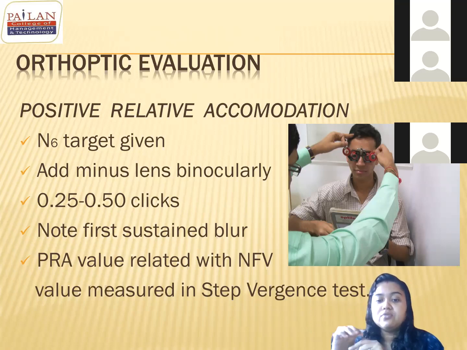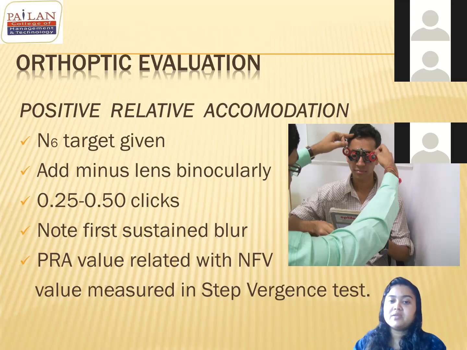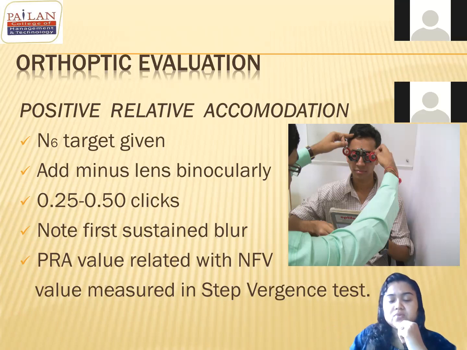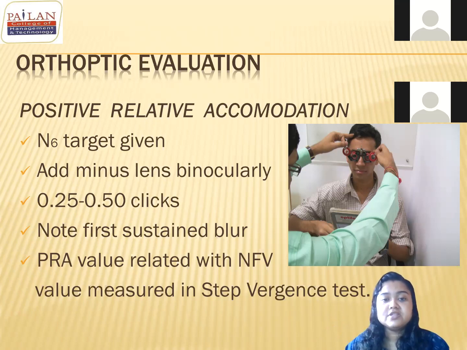Once you have noted down the NRA value, reduce the plus lenses from plus 2.5 in the trial frame by 0.5 diopter, then plus 2, plus 1.5, plus 1, and like that you come to 0, and only then you start the positive relative accommodation test. Why? Because as you have relaxed the accommodation to the highest level, it should come to 0, and then you should do the positive relative accommodation test.